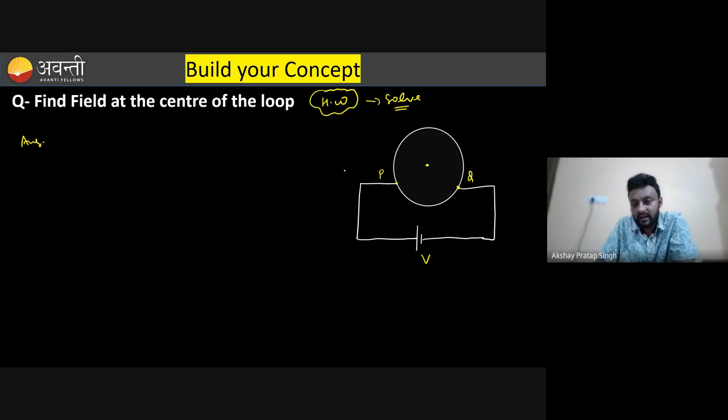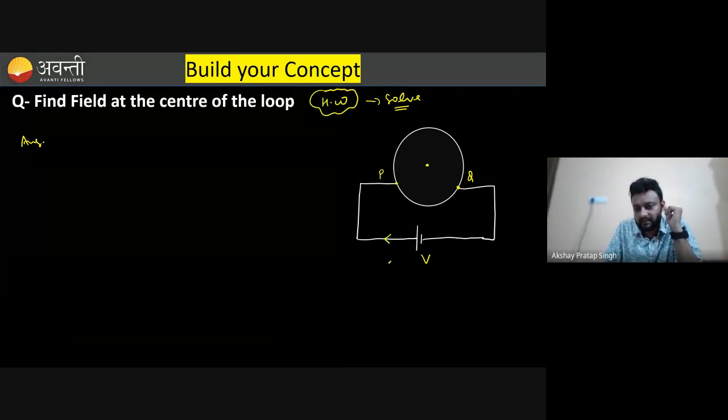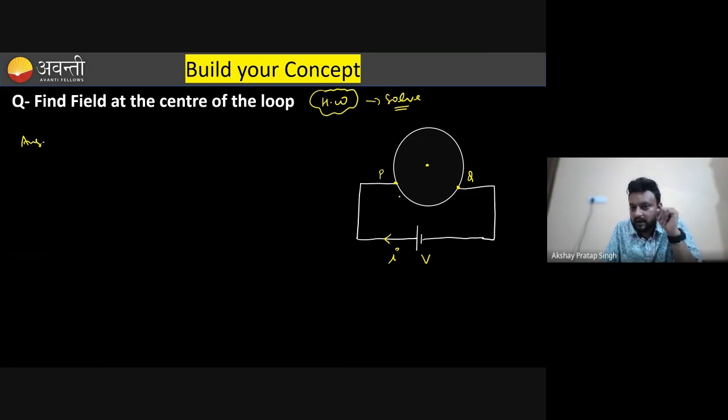Now the question says, find the magnetic field at the center. For a magnetic field, there must be a current. So this battery will supply some current, let's suppose I. When it reaches point P, the current is divided into 2 parts. In one part the current is I1 and in the other part the current is I2.